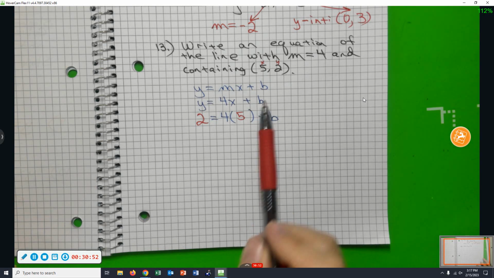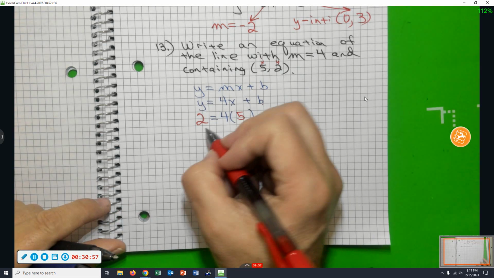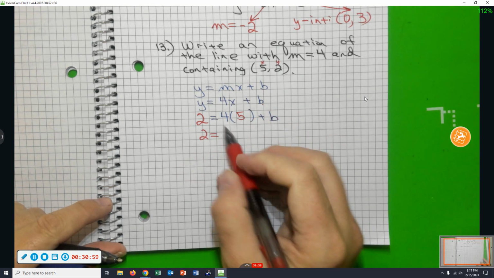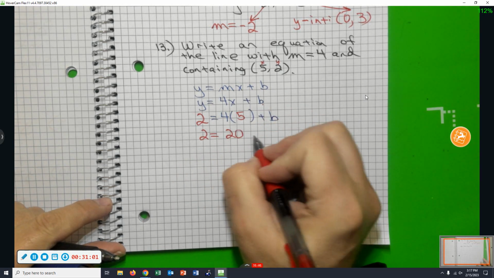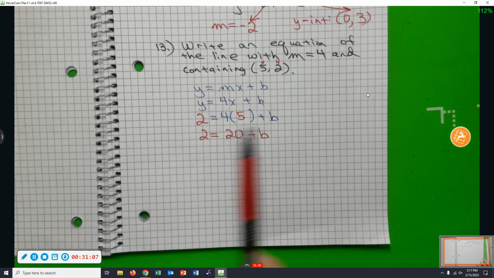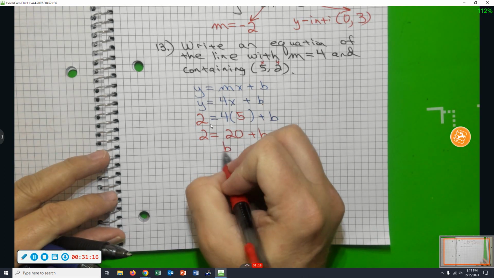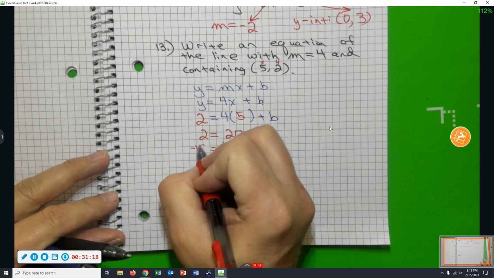We don't know b, but they gave us an x and a y value. So we have 2 equals 20 plus b. The 4 times 5, that's where I got the 20. I think we can find the b value now. What is it? Subtract 20 from both sides. 2 minus 20, I agree. b is equal to negative 18.